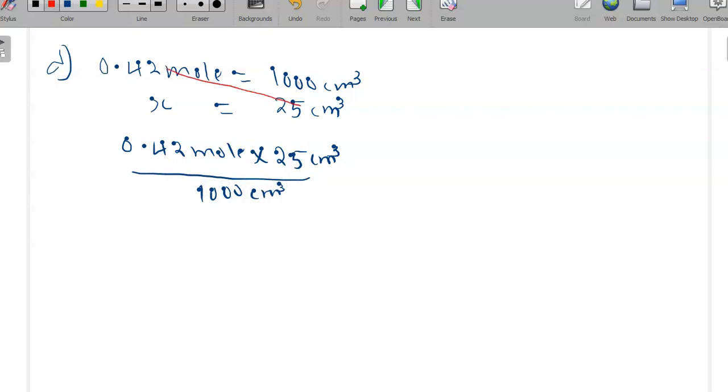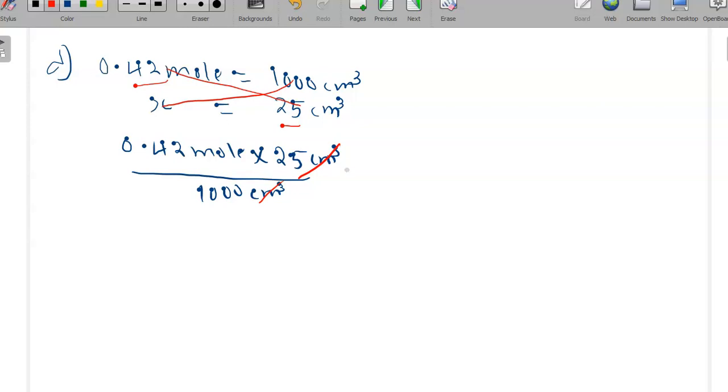We multiply this one, then we also multiply this one. We multiply 0.42 times 25, then we divide by 1000. So you cancel centimeter cubic and centimeter cubic, then 0.42 times 25 divided by 1000. Then you will get the answer.